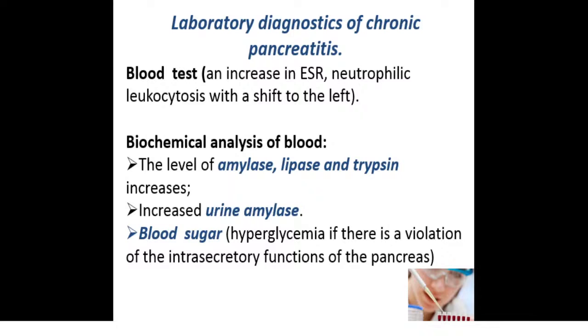In biochemical analysis of the blood, we can determine increased amylase, lipase, and trypsin, and increased urine amylase. If the patient has had chronic pancreatitis for a long time, this patient may have a change in the endocrine function of the pancreas, and we can determine hyperglycemia in this patient.